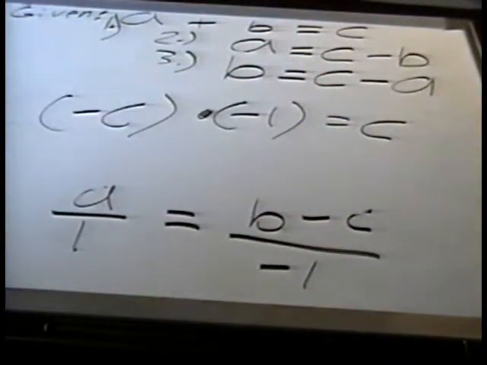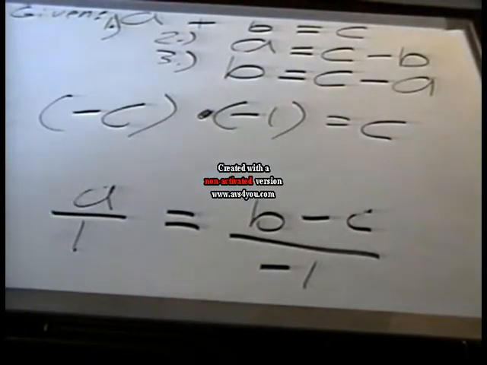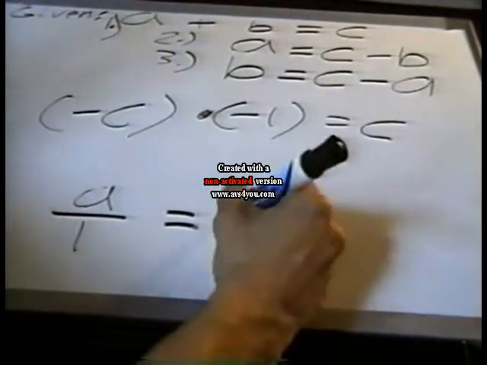Meaning -1 and A here are called factors, or multiples, as opposed to additives.